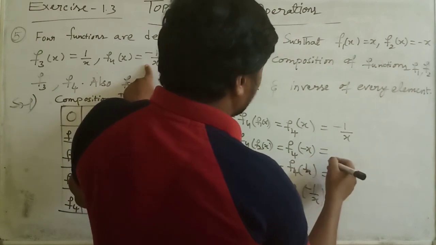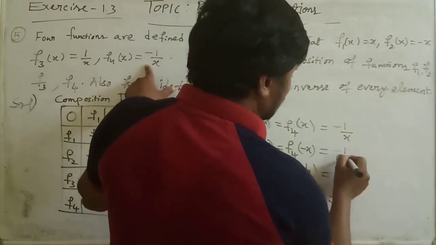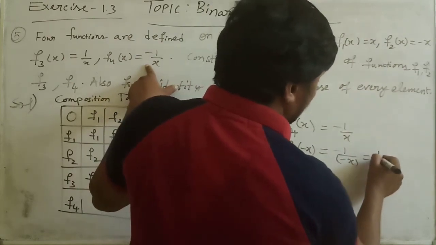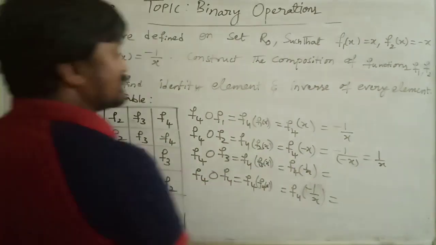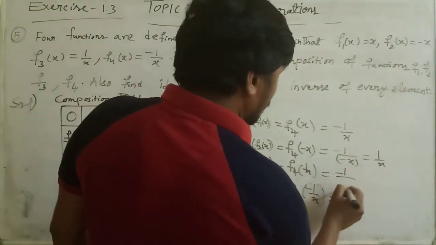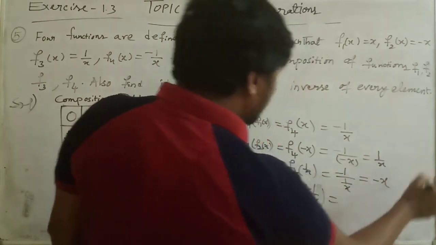Next f4 of 1 upon x is minus 1 upon 1 upon x, that is nothing but minus x.